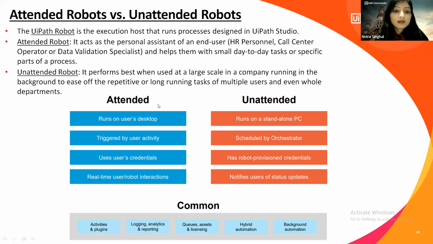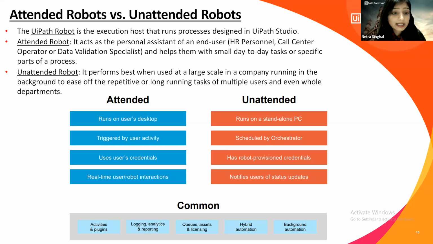Coming to attended, you can consider an attended robot as a personal assistant, compared to an HR personnel, a call center operator or a data validation specialist, someone you interact with or who can help you on a day-to-day basis. So that is the work of attended automation or attended bots. They will help you with small day-to-day tasks where user intervention or user attention is needed, and it's a personal assistant for the end user.